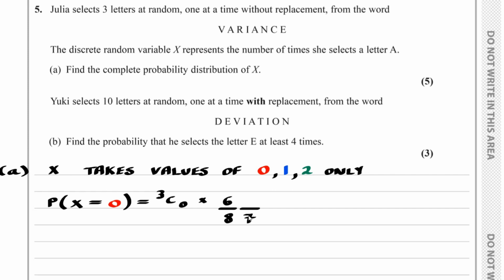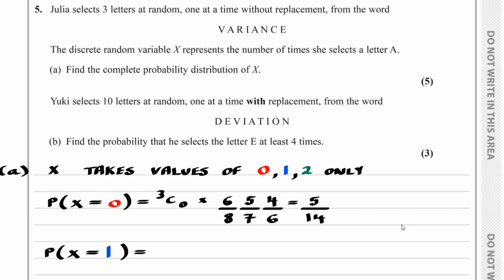For my second pick, I've already chosen one, so I've got 7 remaining, and of those, we would have 5 which do not have an A. And then I choose another one, so I've got 6 letters remaining, and of those 6, 4 of them do not have an A. So if I work out what this is, I get 5 over 14.